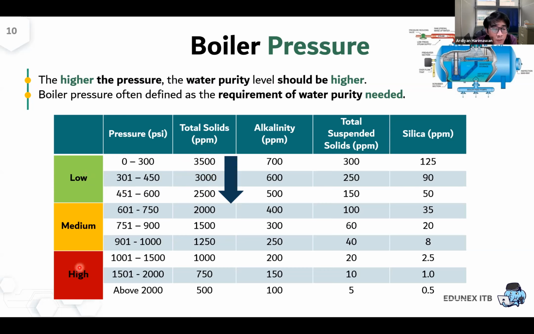But if you operate the boiler at high pressure, the maximum may be only 500. And also for other parameters like alkalinity, total suspended solid, and silica. We will discuss silica later because it's quite troublesome in operation if you have a high content of silica.